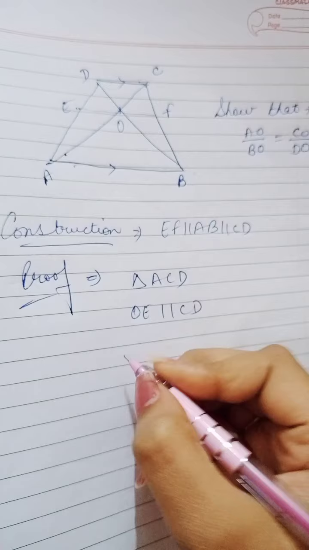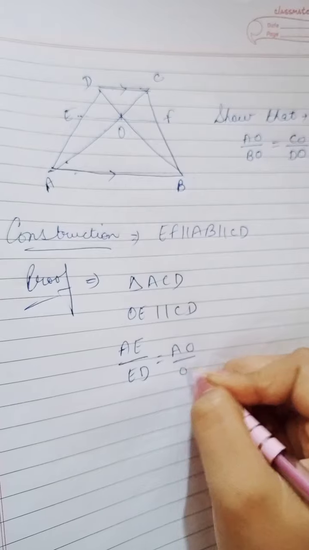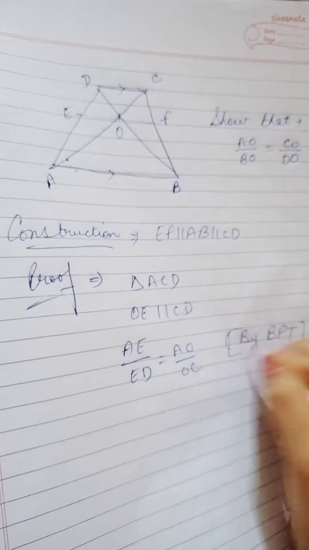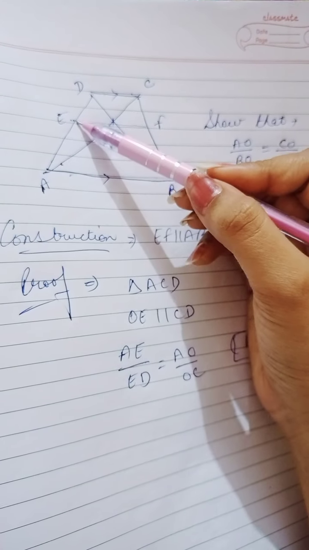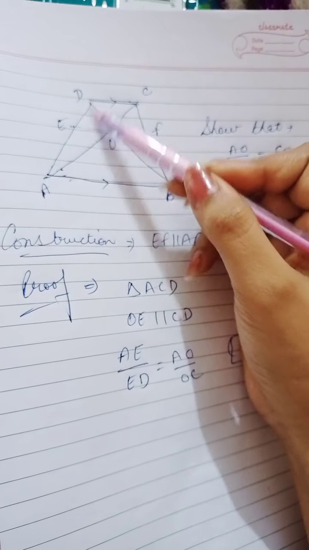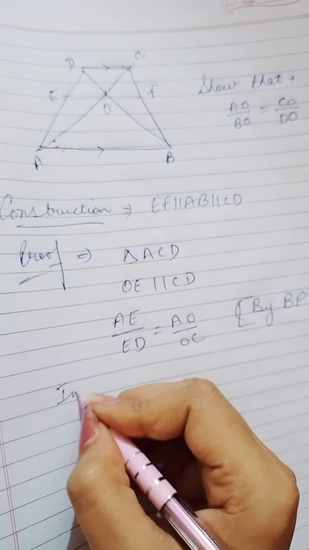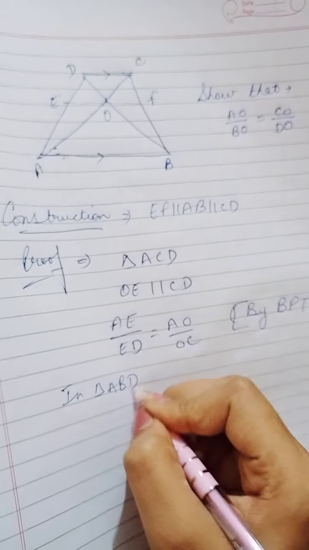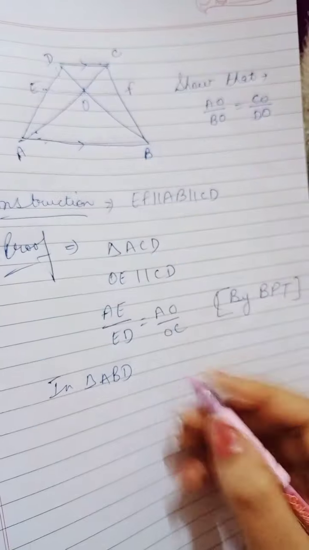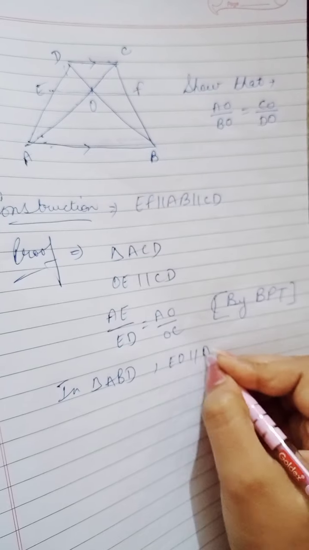If both are parallel, you can say that AE upon ED would be equal to AO upon OC by using BPT, the basic proportionality theorem. Here, AE upon ED equals AO upon OC, because both lines are parallel in this triangle. Now in triangle ABD, EO would be parallel to AB.